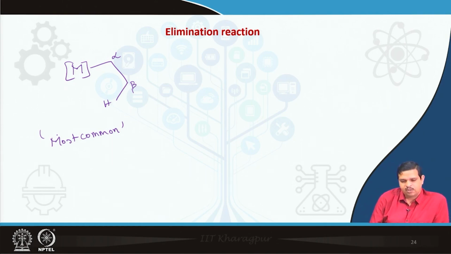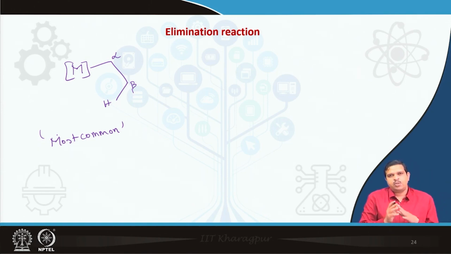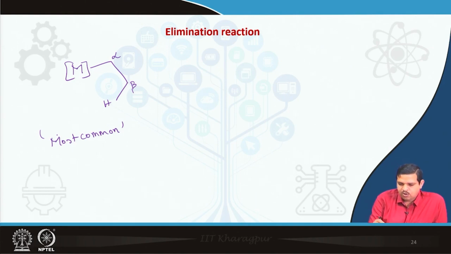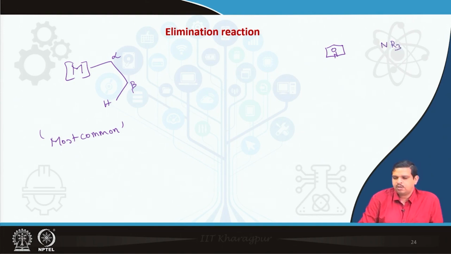Now, how does this happen? You have to understand, as I told, that organometallic chemistry is nothing but a game of d orbitals. We are very familiar with ligands like pyridine, amine, or even anionic amine ligands.